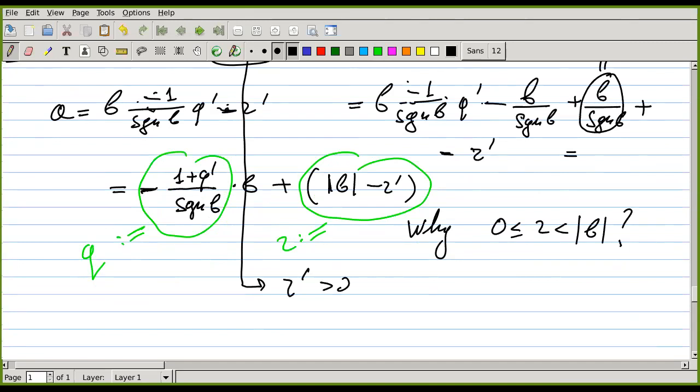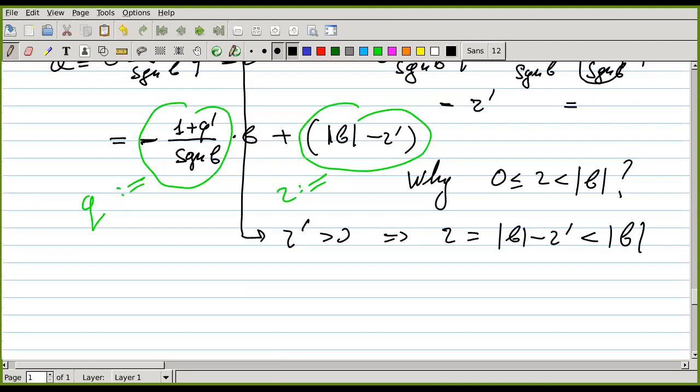R prime is positive, then our R, which is the absolute value of B minus R prime, is strictly less than the absolute value of B. Do you agree? Yes. On the other hand, we know that R prime is less than the absolute value of B. If it is less than the absolute value of B, then our R is positive.